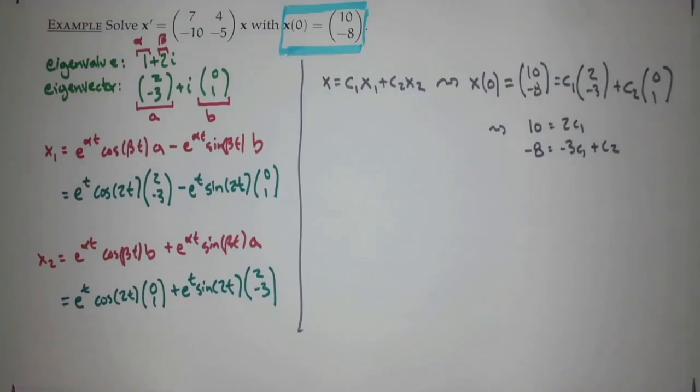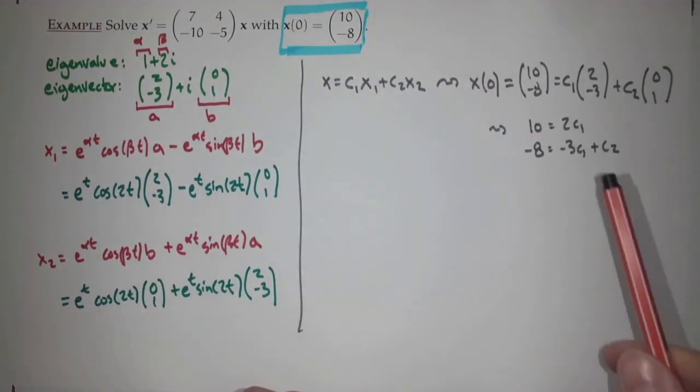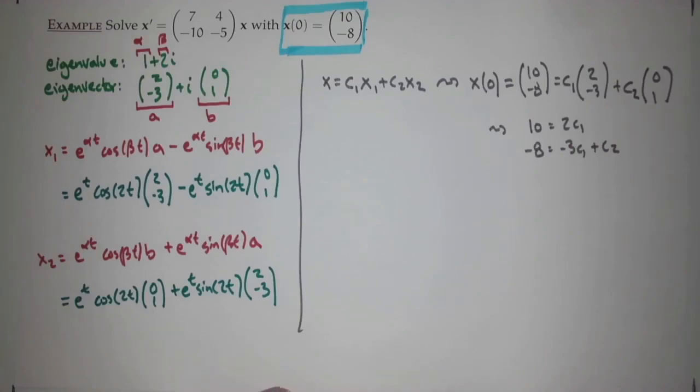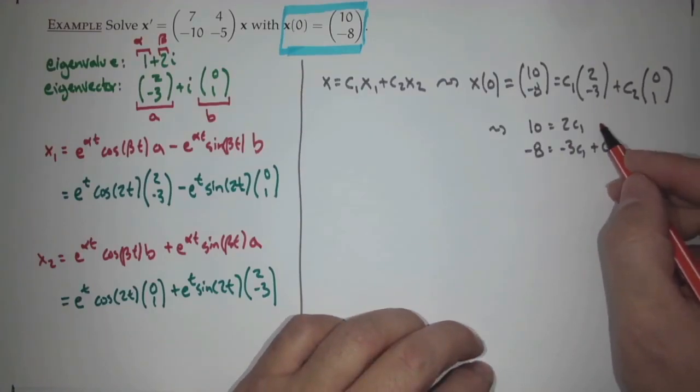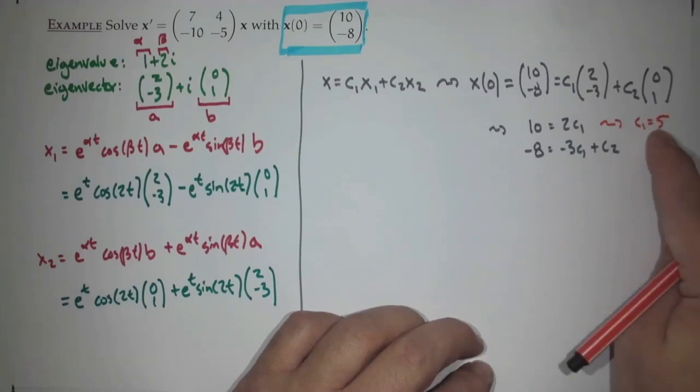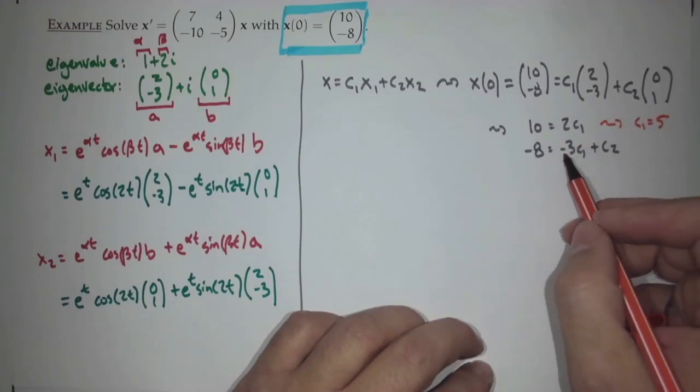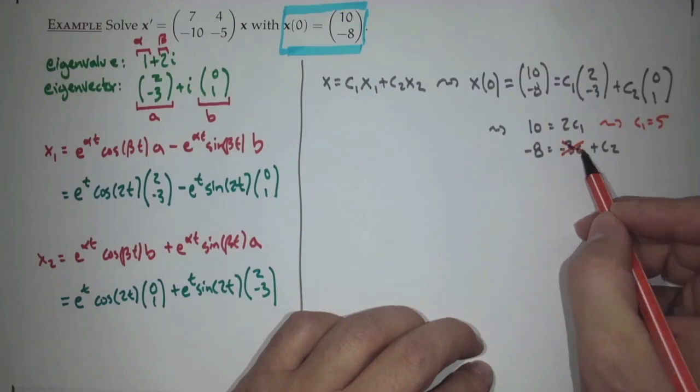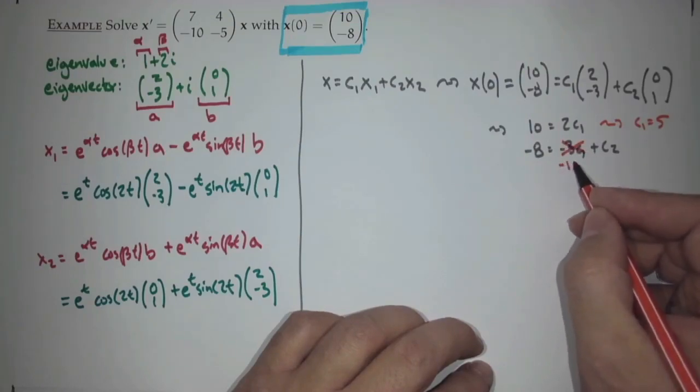I think we can probably solve. We don't have to go through and do some augmented matrix. I think we can do this one. What about c1? 5. Almost no hesitation there. Now, since we know c1, this minus 3c1, we can cross it out and replace it by minus 15.